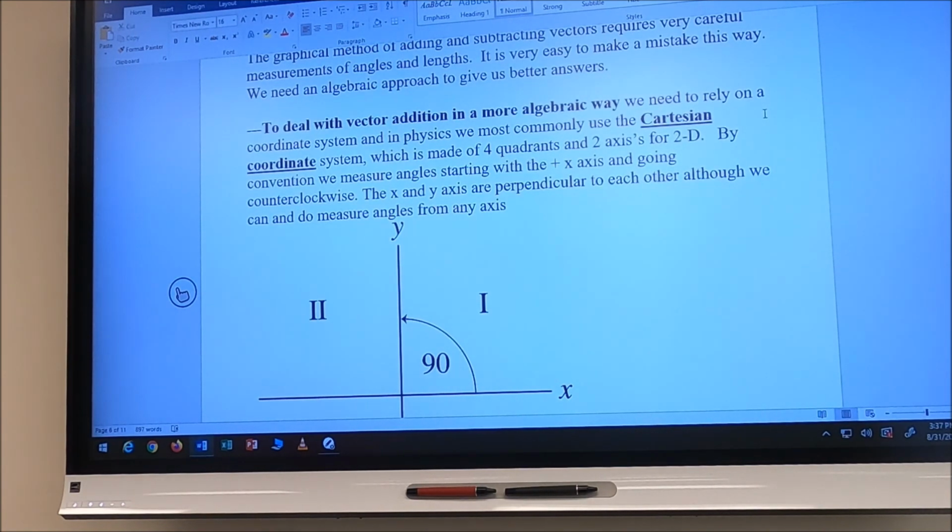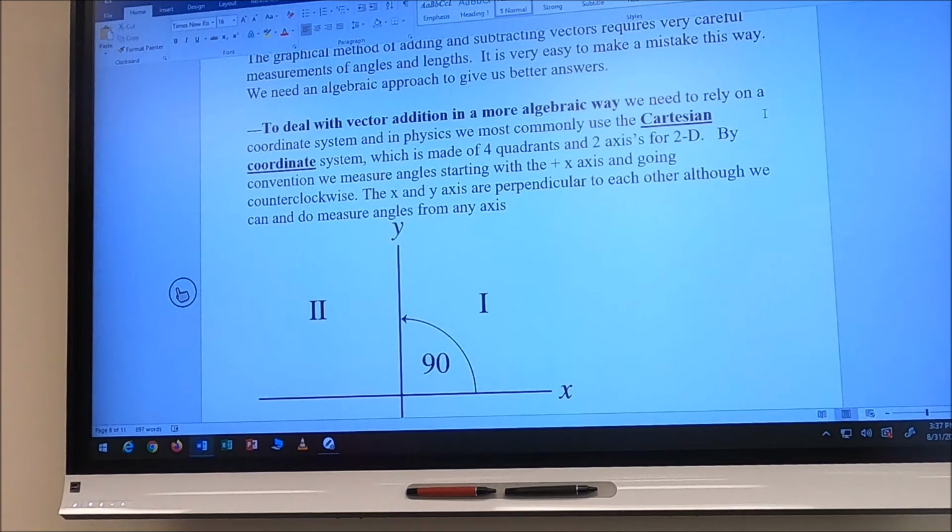It has four quadrants for 2 dimensions and 2 axes. If we go 3D, you would have 3 axes, and you'd have, oh, we don't even want to talk about how many quadrants. Okay, so we're sticking with 2D. When you take statics or dynamics, you'll get into that 3rd dimension.